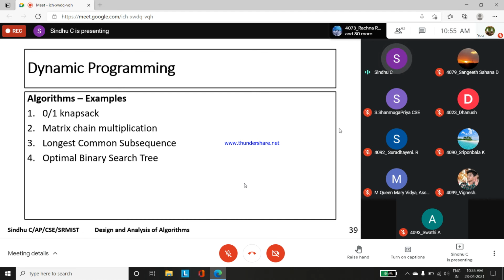Then you have optimal binary search tree, which means you have a binary search tree. You want to place the nodes in such a way that it gives you optimal search time, so that you can solve it in an easier or time efficient manner. Say you have 3 nodes, 1, 2, 3.